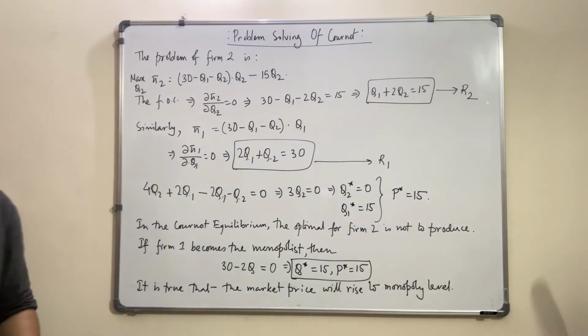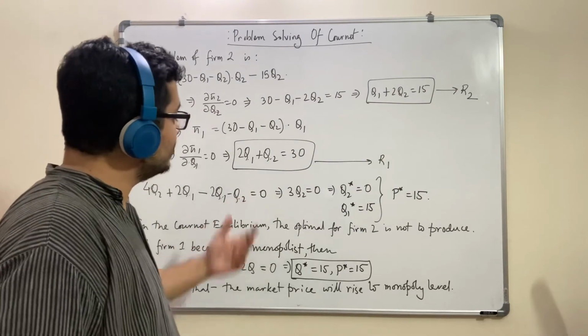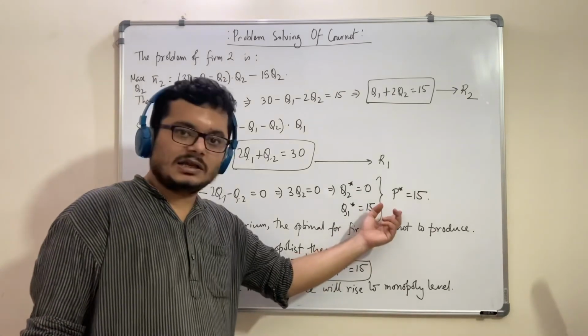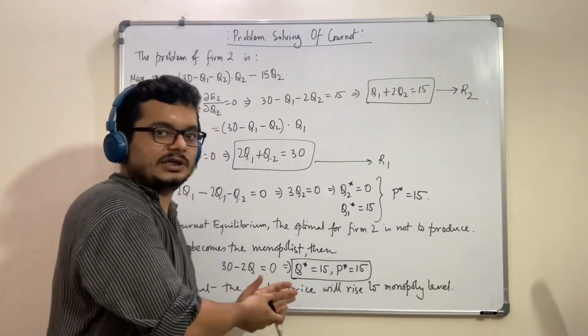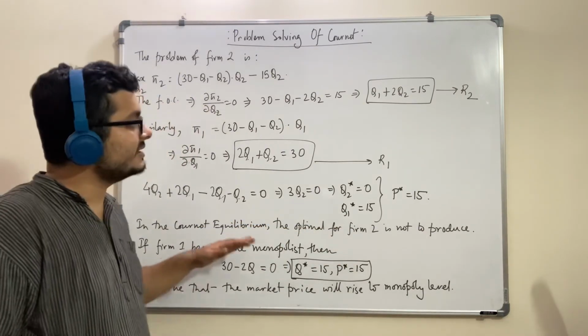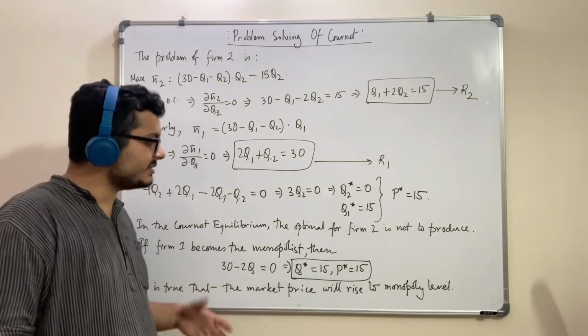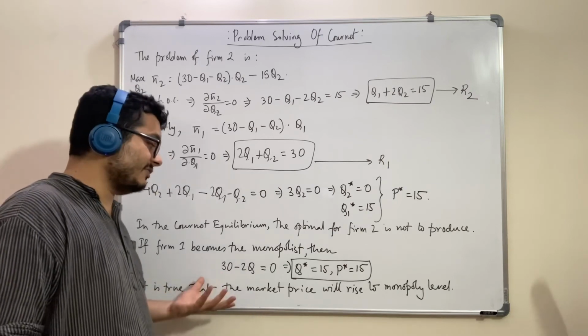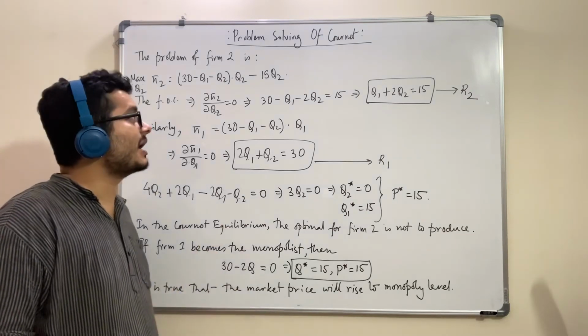That is, if you solve the Cournot, you will get the same price, but at this price and quantity combination, since farm 2 is not producing, the only player that remains in the market is farm 1, and if farm 1 is the only player, then obviously we are looking at a monopoly.